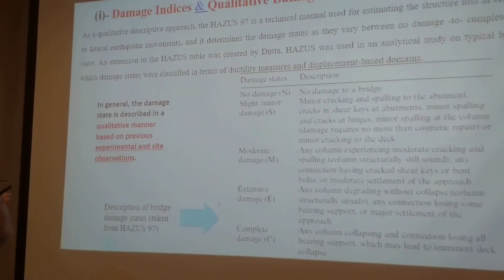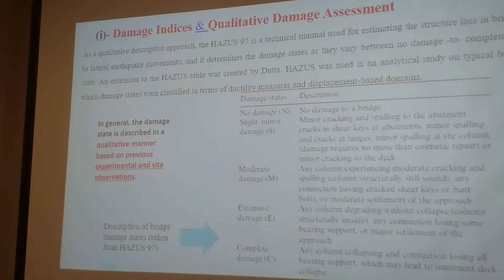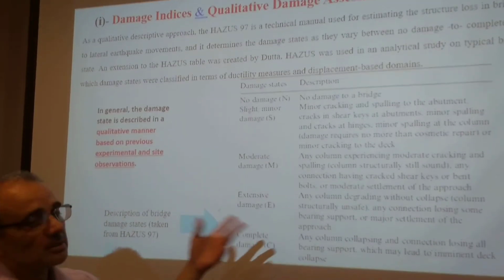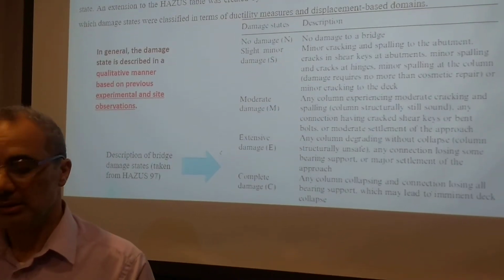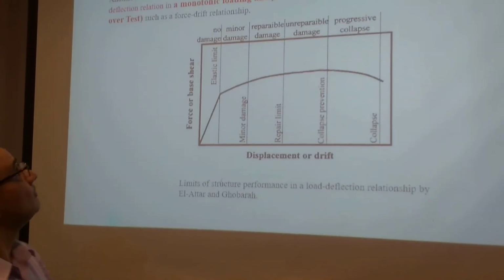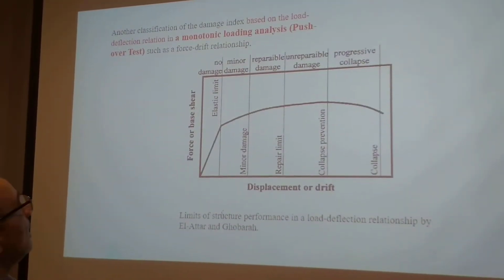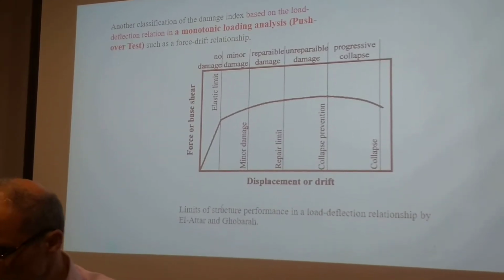In respect to damage indices, actually a damage index is a qualitative measure based on previous experimental and site observations. So there are previous observations that we have, and we can assess the damage according to that. Or it can be based on the load deflection relation in a monotonic loading, which is known as the pushover test.